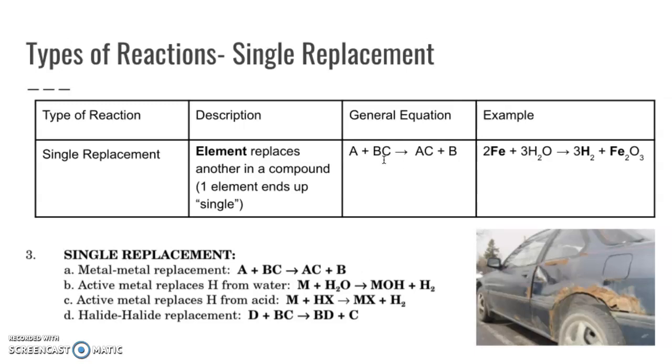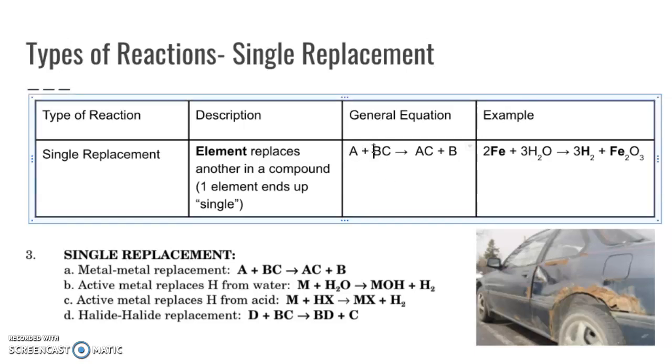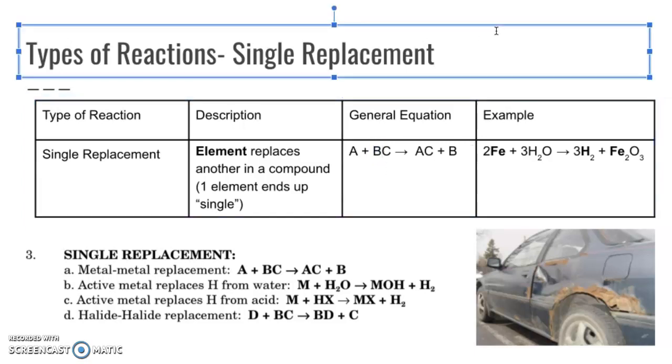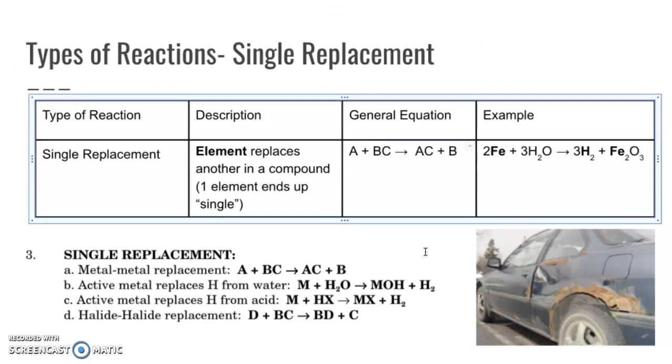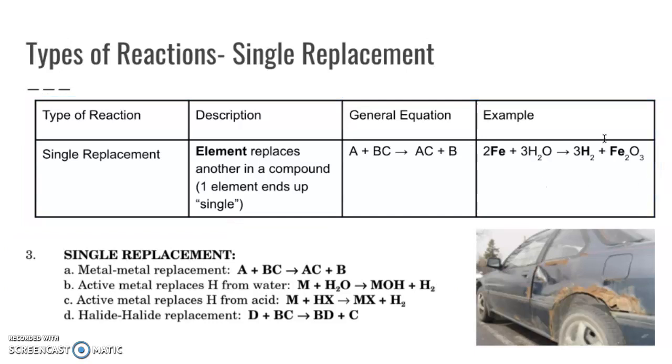My general equation is A plus BC reacts to form AC plus B. You see that A is going to replace B, so only one thing is being replaced, and B ends up single. An example is rust: Fe, which is iron, plus H2O gives you hydrogen gas plus iron oxide.